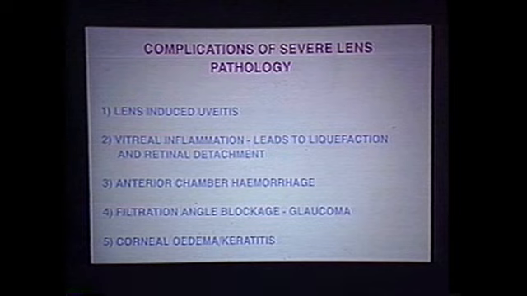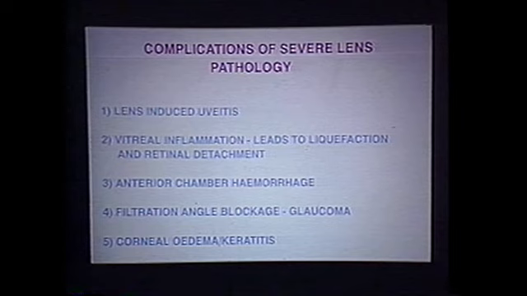There may be anterior hemorrhage in the complicated case, and frequently there may be blockage at the filtration angle, giving rise to glaucoma. And sometimes we see both anterior chamber hemorrhage and glaucoma occurring in the same eye.